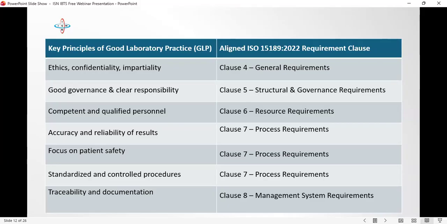Is that result good? Can the doctor use a result that is in the air? It has to be documented. So also, all procedures, all processes in the lab is a requirement for both good laboratory practice and the ISO 15189, 2022 version.